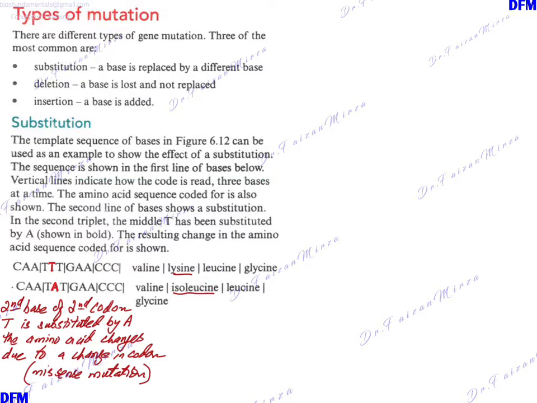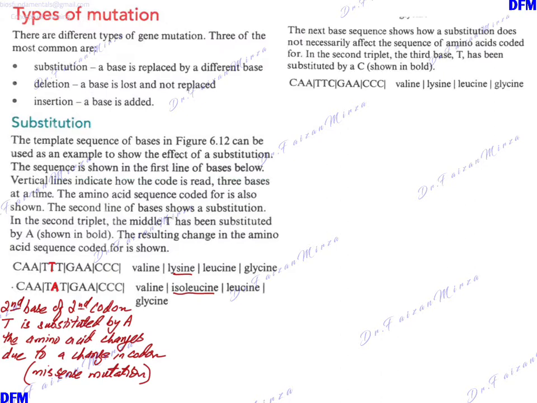It might be polar or non-polar, the folding can change, and the function of the protein can change as well. So in this substitution mutation, T got substituted by A, and since the change of codon from TTT to TAT changed the amino acid from lysine to isoleucine, we say that's a missense mutation.